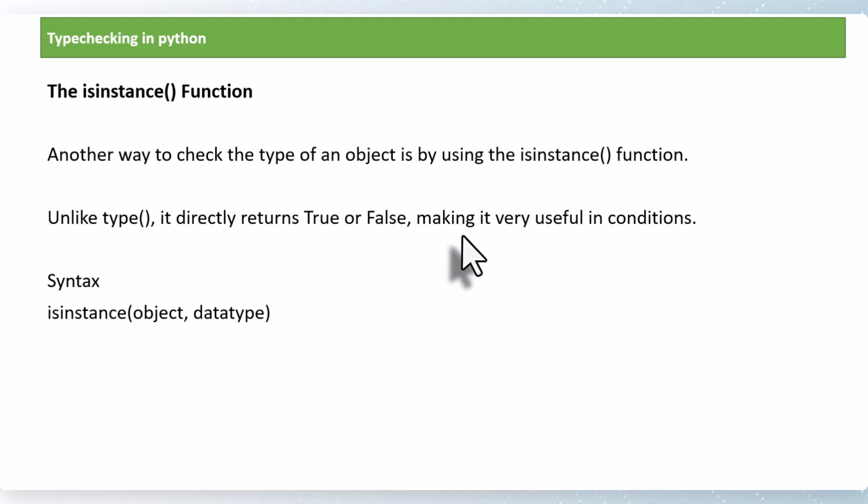It is very helpful in some conditions. The syntax is isinstance of object comma data type. It checks whether this object belongs to this data type. If that is true, this function returns true. If that is false, it returns false.